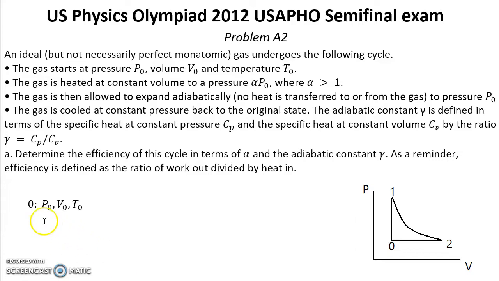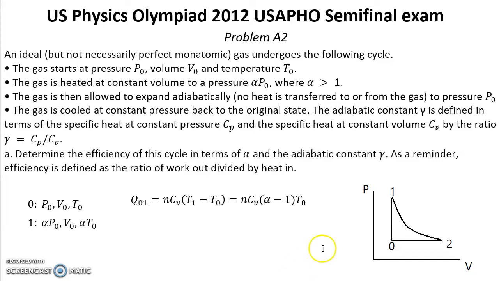In point 0 the parameters are P0, V0, T0. In point 1 we have the same volume V0, but due to proportionality of pressure and temperature for the isochoric process, the pressure is alpha P0 and the temperature is alpha T0.